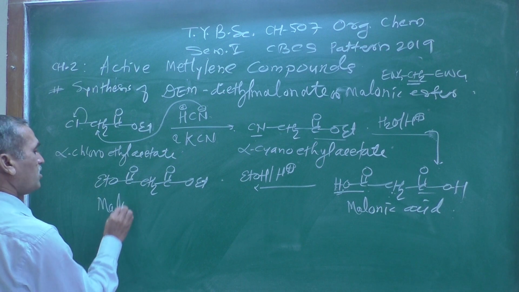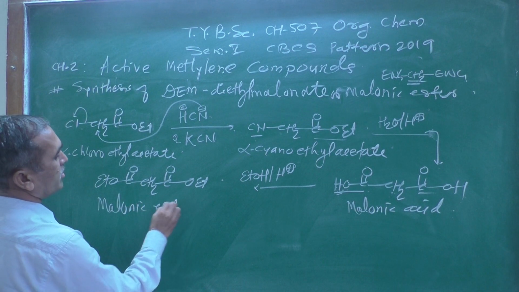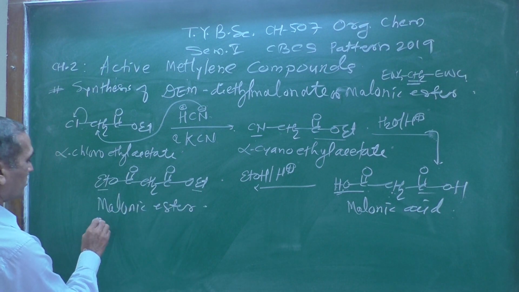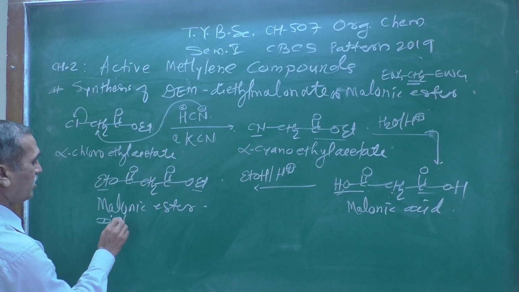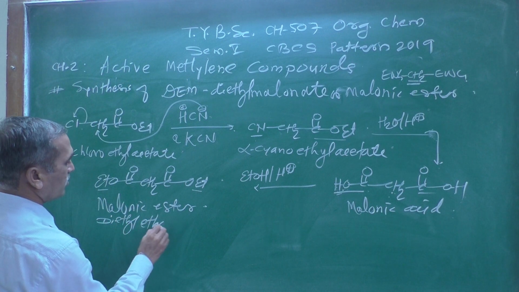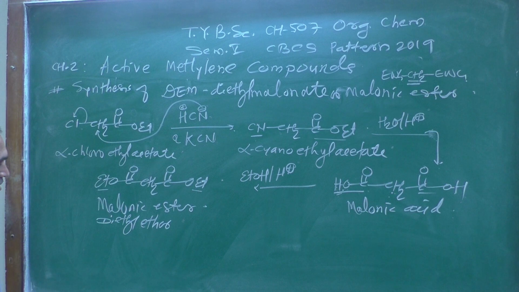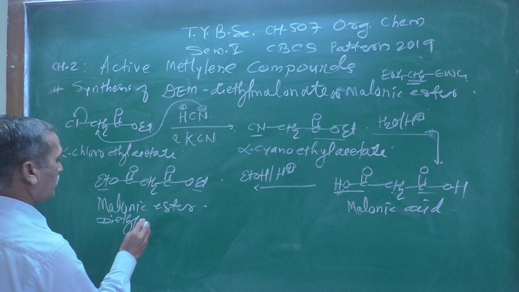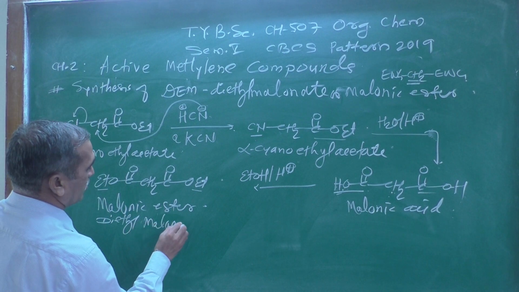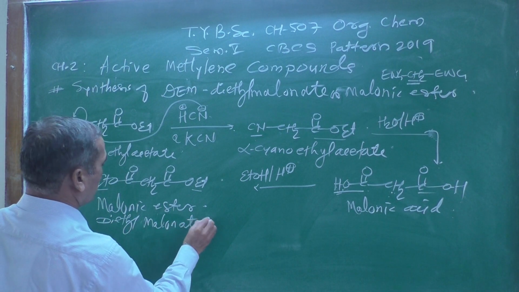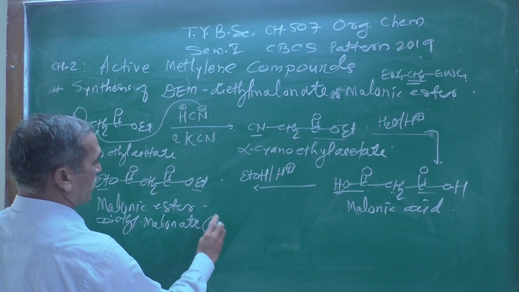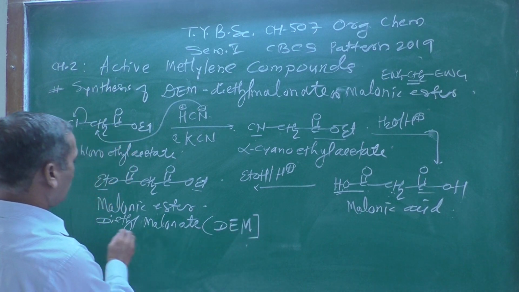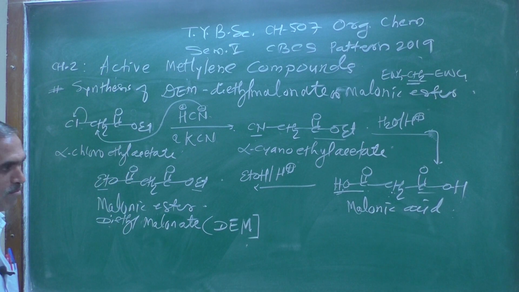This is called a malonic ester, or diethyl malonate. This is diethyl malonate, and in short we designate it as DEM. DEM means diethyl malonate.